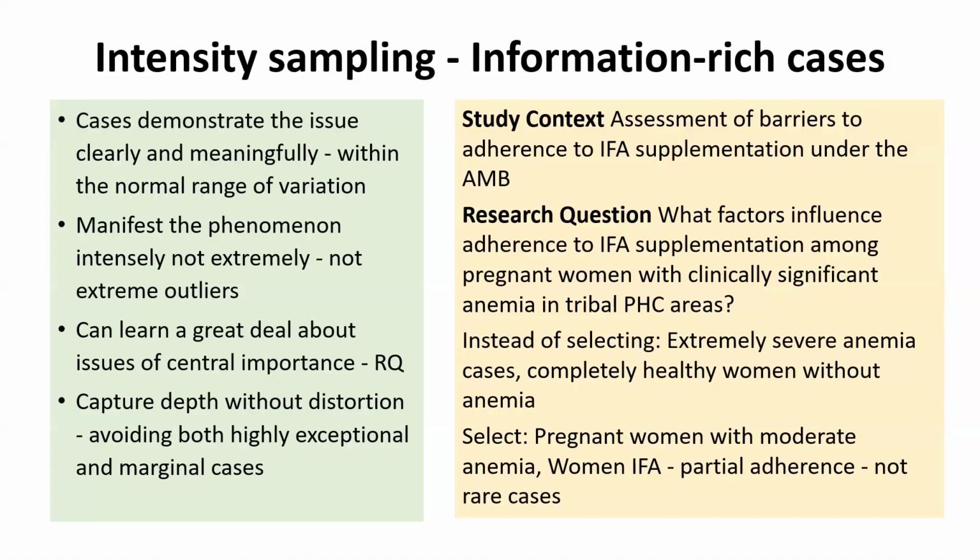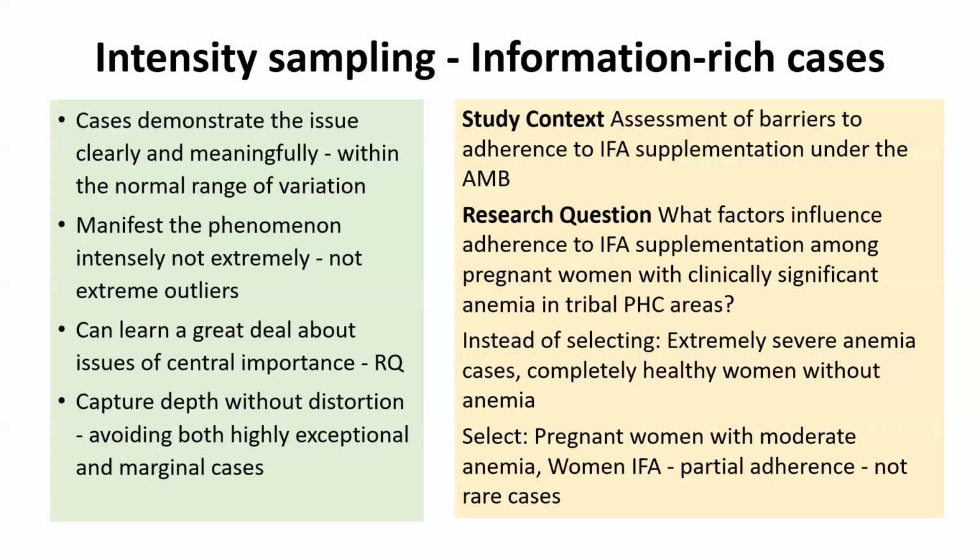So you can go into great depth without focusing on the extreme cases, because one of the limitations of the extreme cases, deviant cases, is that they are usually very rare. And one of the advantages of intensity sampling is that you will usually get sufficient numbers when you want to conduct your study. So again, for example, if you want to find out what are the barriers to adherence to IFA supplementation under Anemia Mukt Bharat.